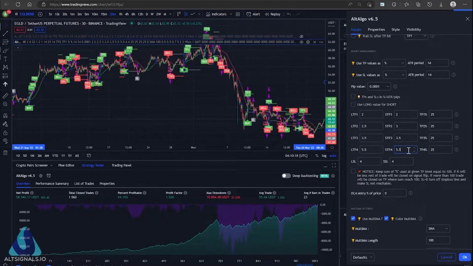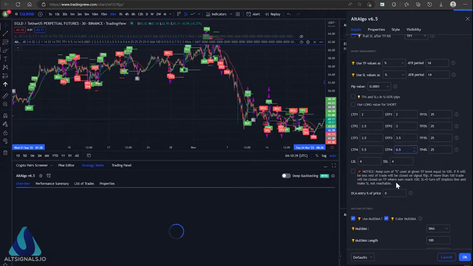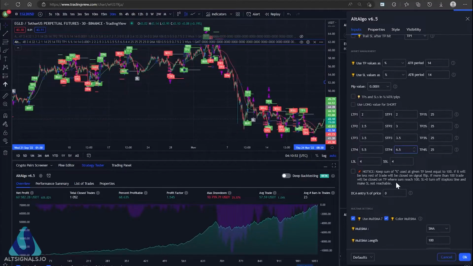And we go up again. Good. Let's try 6. And we go up again, even above 600% already. So let's try 6.5. Of course, the short take profit can obviously be taken higher here, because most of this period that we are backtesting, we were in a bear market, so the shorts have won from the longs, obviously, right?